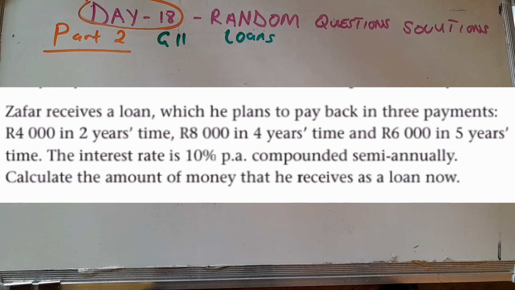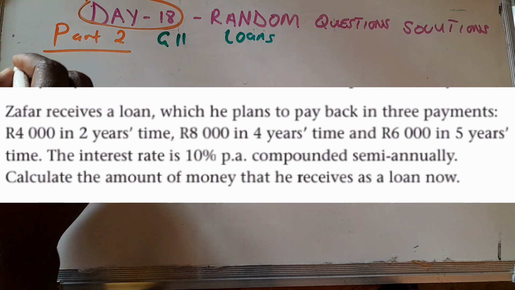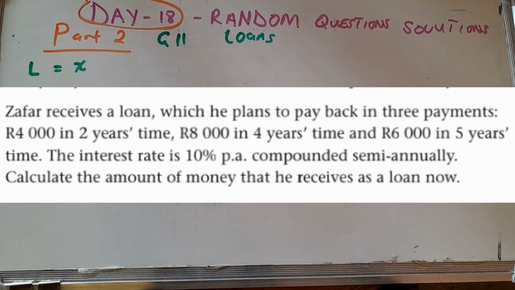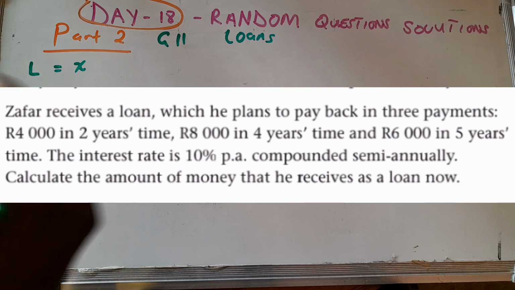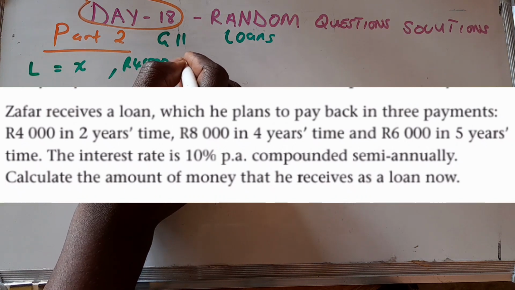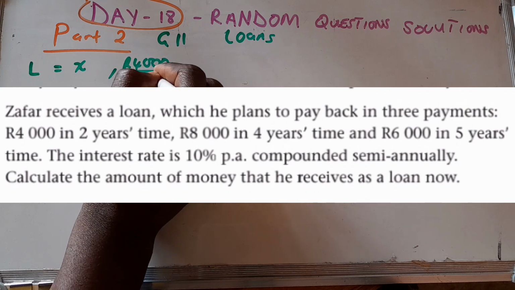They said Zafar receives a loan which he plans to pay back in 3 payments. So what is the amount of the loan? We are not told, so it means that our loan is just equal to X. So he plans to pay 4,000 in 2 years' time, after 2 years.